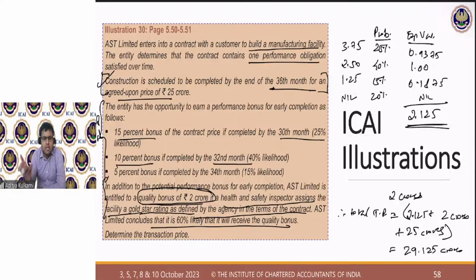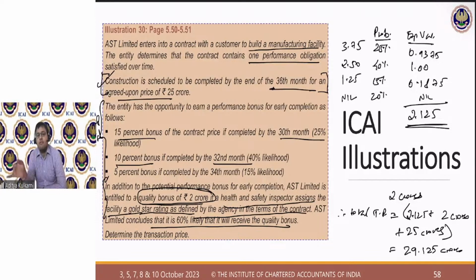I cannot. So therefore, here there is a 60% possibility that I will get the rating, and if I get the rating, I get the revenue of 2 crores. As simple as that. Here there is no weighted average expected value. If you get the rating, you get 2 crores.